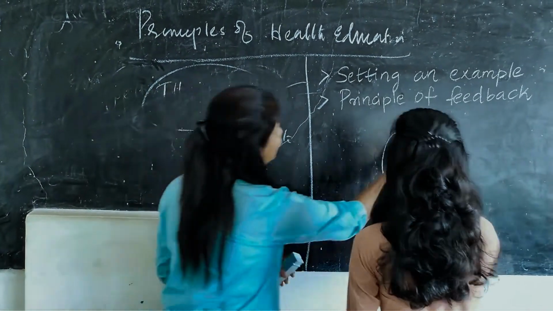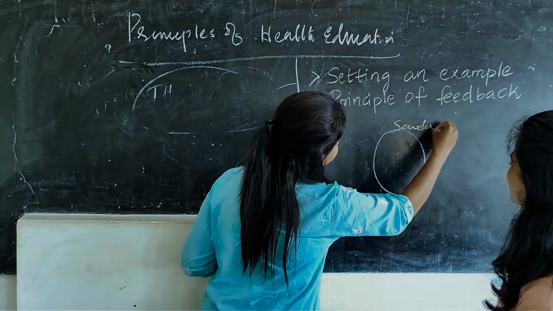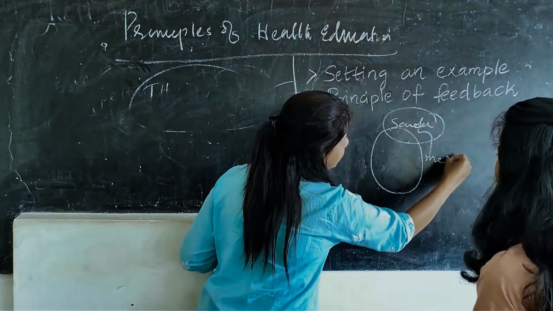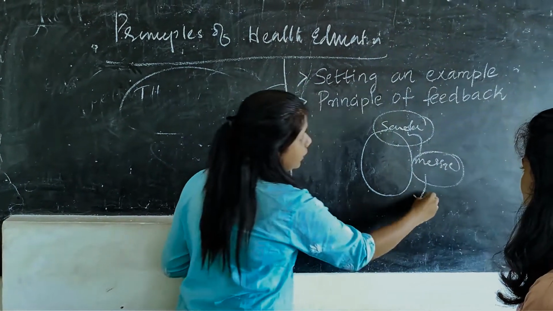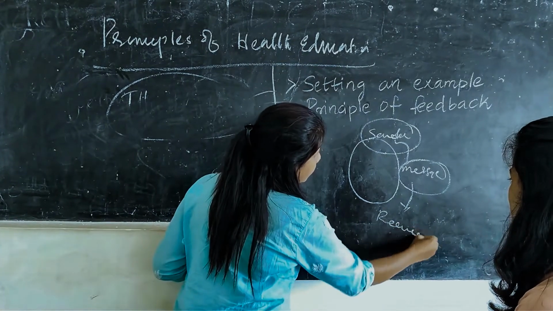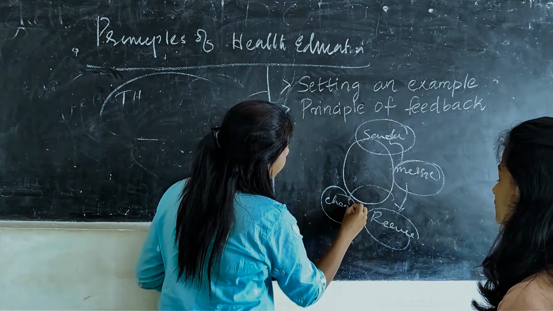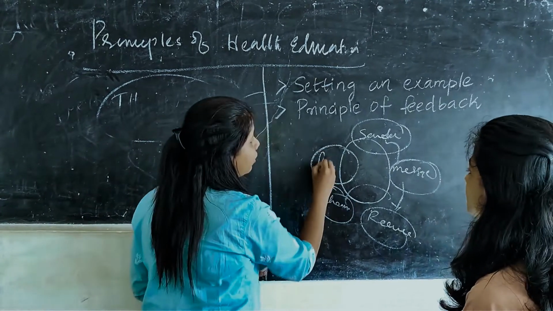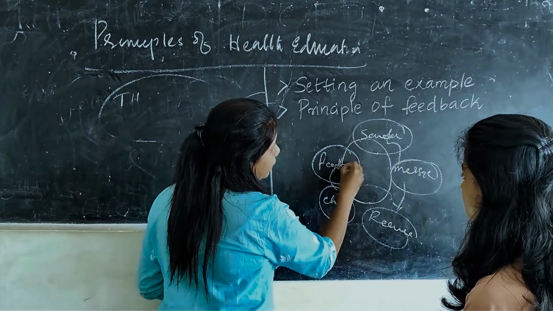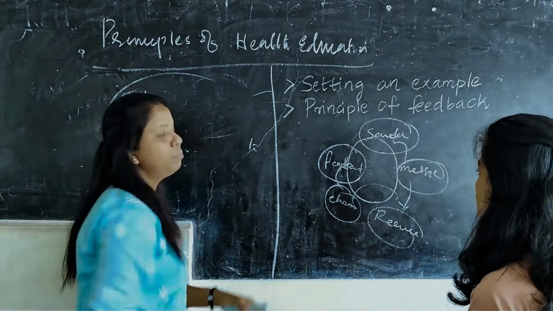So I would draw it, okay? Sender, message, the piece of information, then receiver, then we may use different methods that would be called channels, and the communication effectiveness depends on feedback. So what is feedback? The response you get from the receiver.